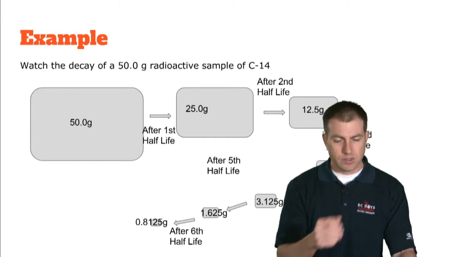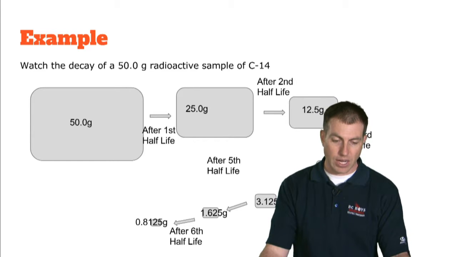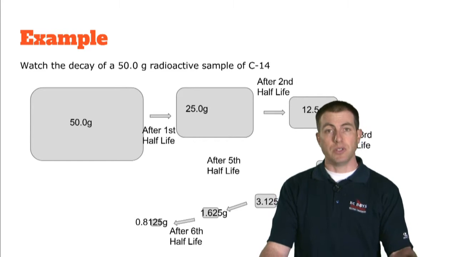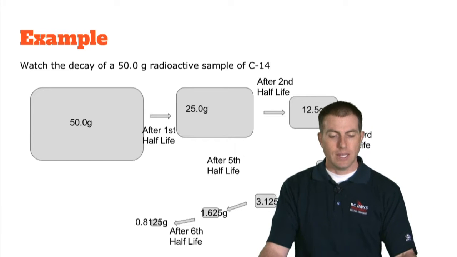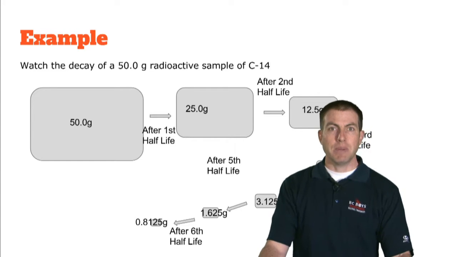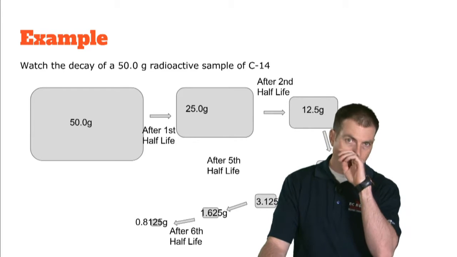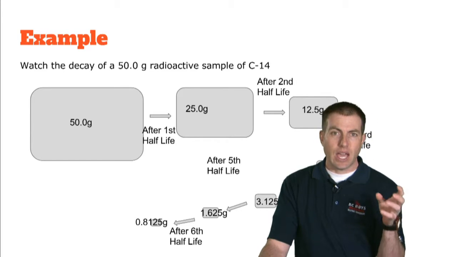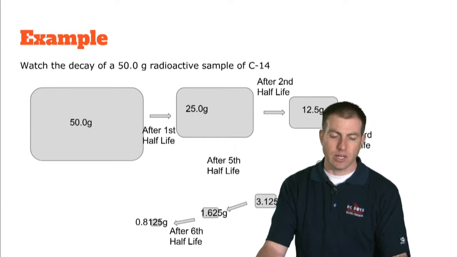After 6 half-lives, our 50-gram sample is down to 0.8 grams left. If I do another half-life, I'm down to 0.4. Another, I'm down to 0.2. So at a certain point, around 10-ish half-lives, the amount of sample that you have left is so small that you can't really detect how much carbon-14 is there.